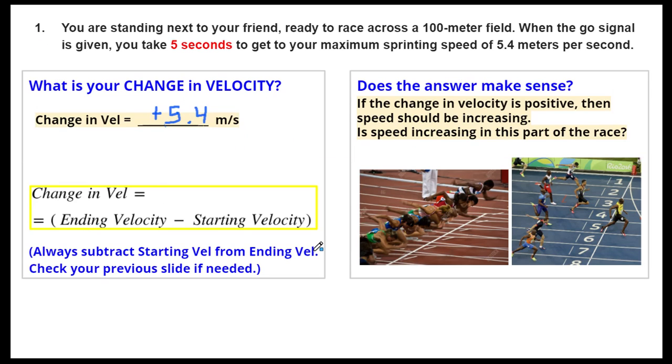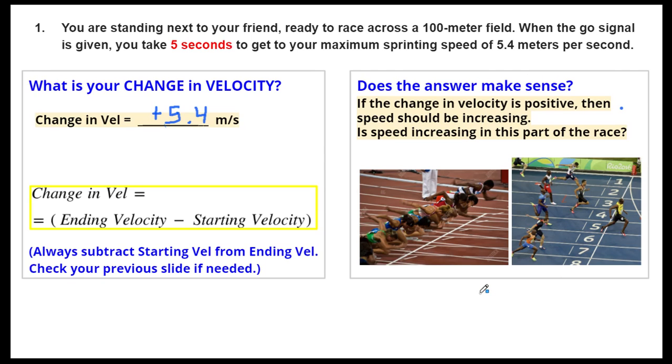Before going forward, let's make sure the answer makes sense. If the change in velocity is positive, then speed should be increasing. Is speed increasing in this part of the race?